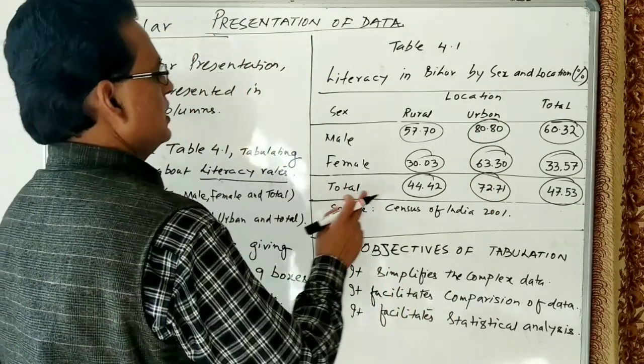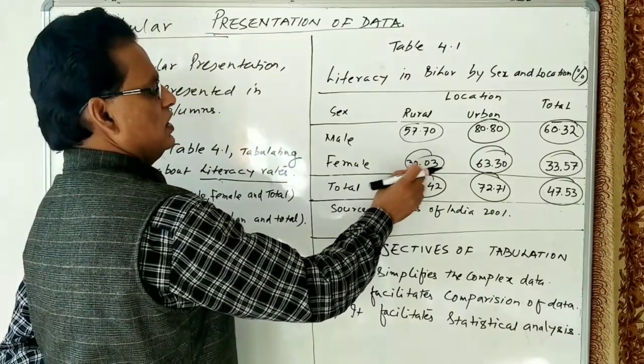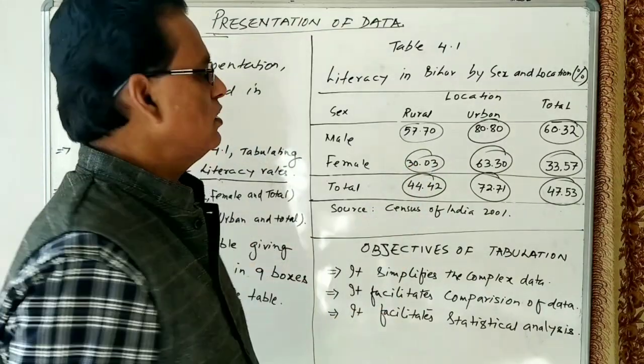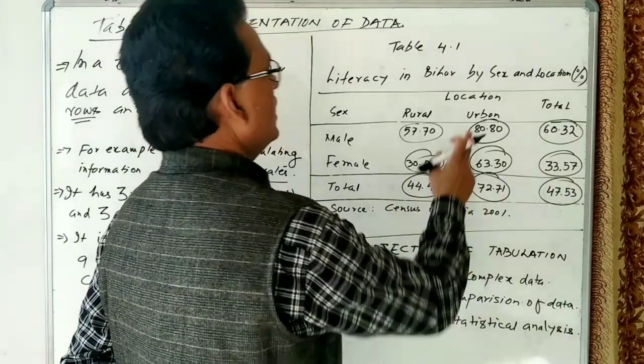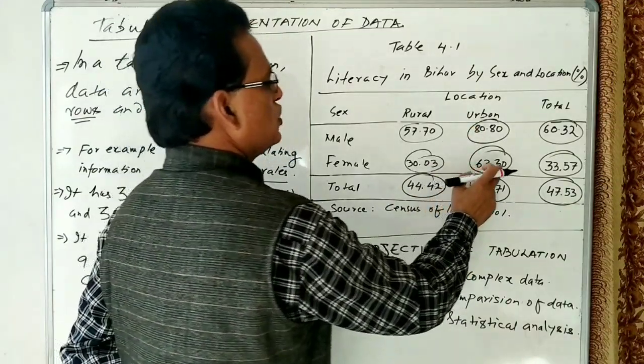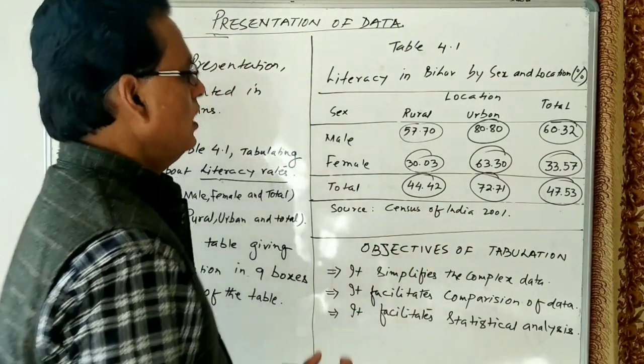Here we have seen that 30.03% of the females were literate in the year 2001 in rural areas, and 63.30% of the females were literate in the urban area.